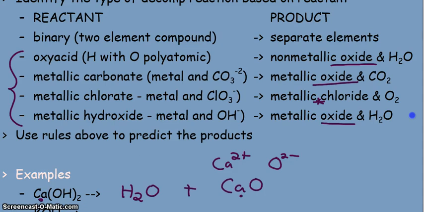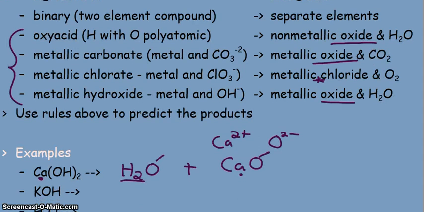I have 2 oxygens on the left because of the parentheses, and then 1, 2 on the right. And then my hydrogen, I have 2 because of the parentheses on the left, and then 2 in the water molecule on the right. So this reaction is balanced. You will notice that many decomposition reactions, not all, but many of them will be balanced by the time you have the formulas correctly written.